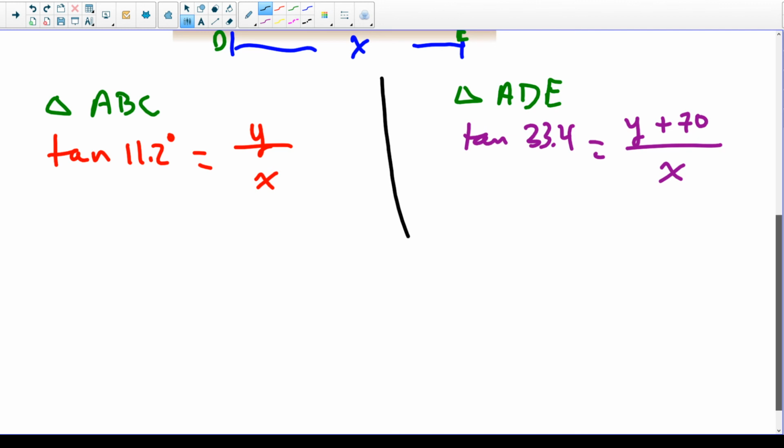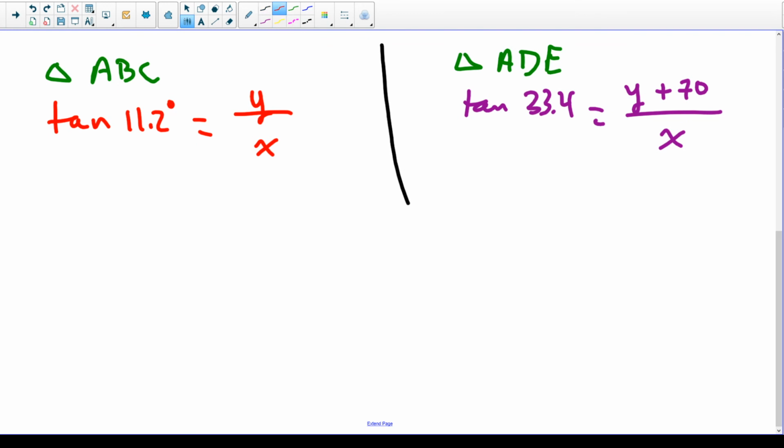Let's isolate y in both equations. Why am I choosing y? Because the variable y is extremely easy to isolate in this equation here. We just have to move the x over to the other side. Over here, it's a little bit trickier. I'm going to move the x over to the other side again.